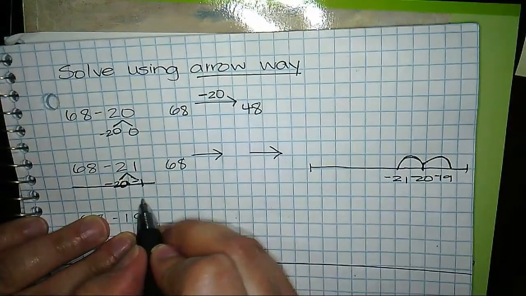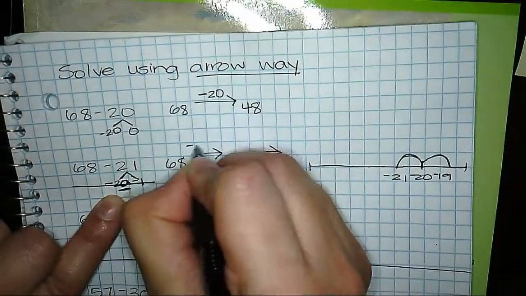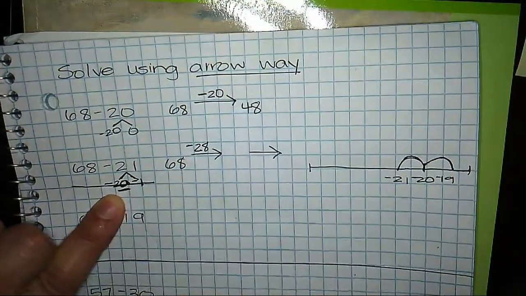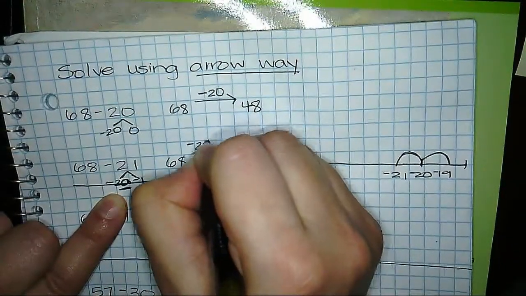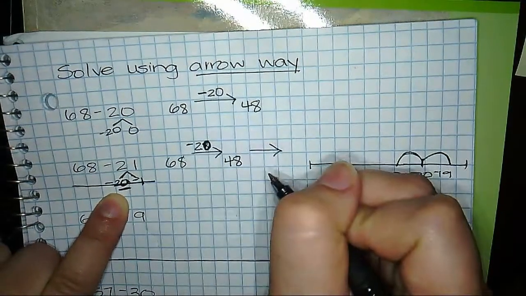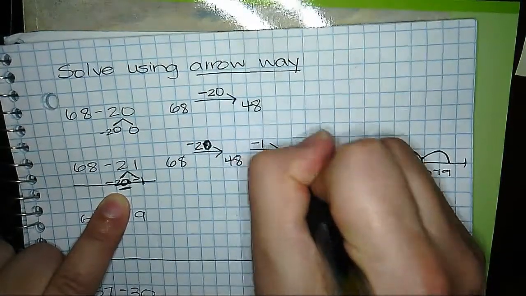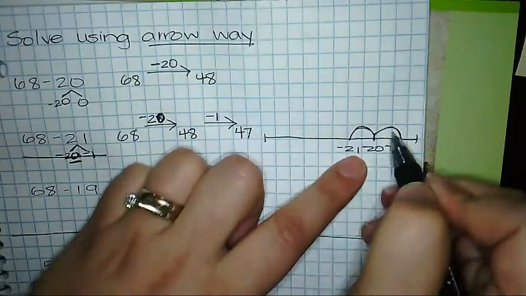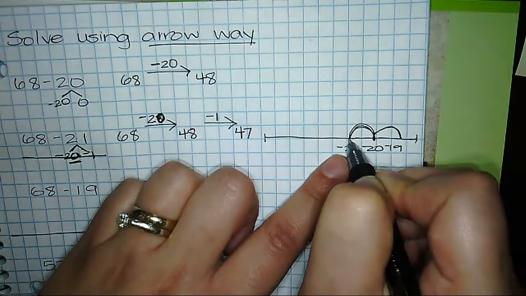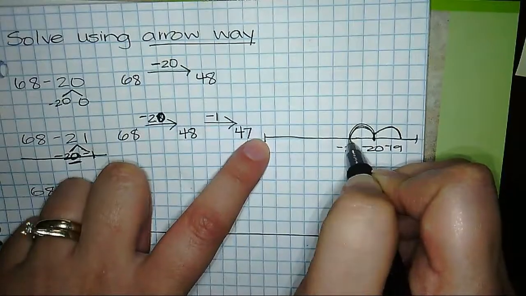Then I have to subtract and write the total. Minus 20 goes here. 68 minus 20 gives you 48. 48 minus 1 gives you 47. You see how when you're here, minus 1 is 1 less. 1 less than 48, yes, is 47.